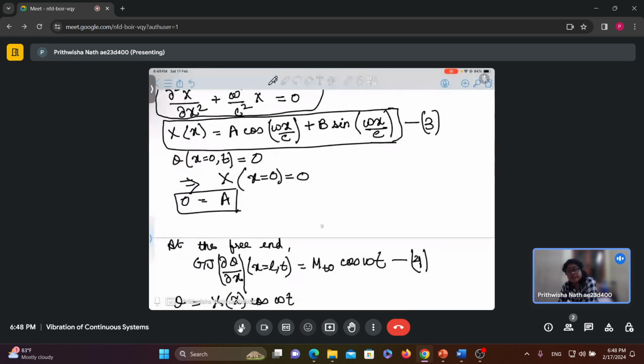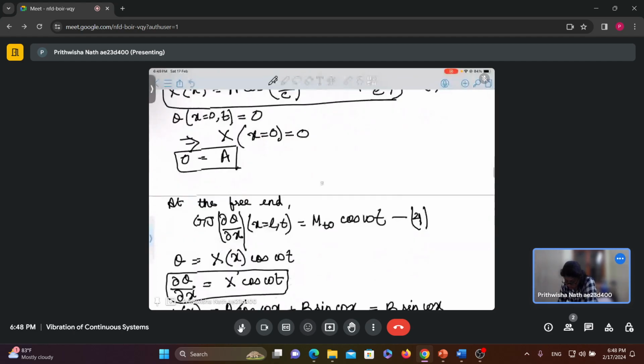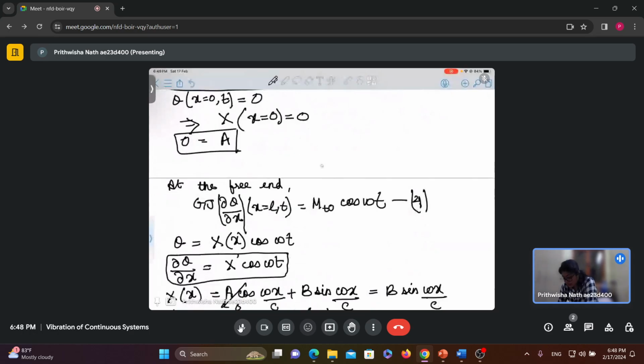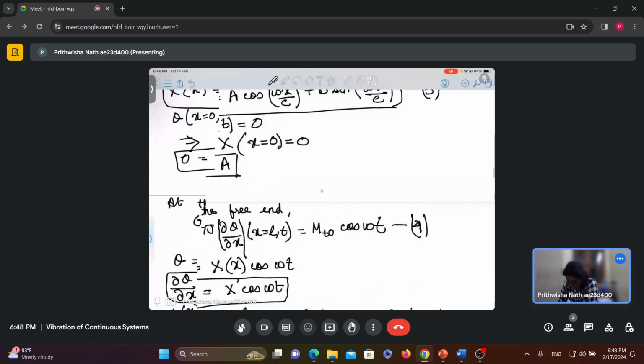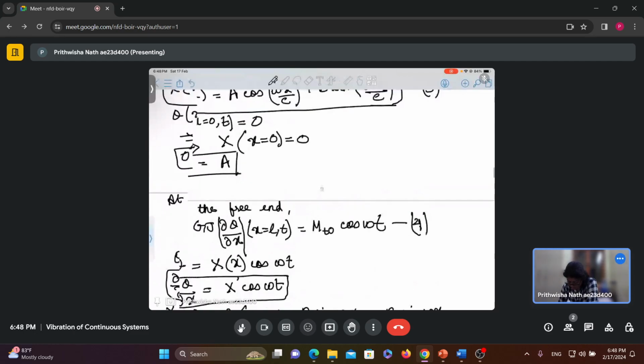Now at the free end, the external torque is applied. We write G J into the partial derivative of theta with respect to x equals M t naught cos omega t. That is the external torque.